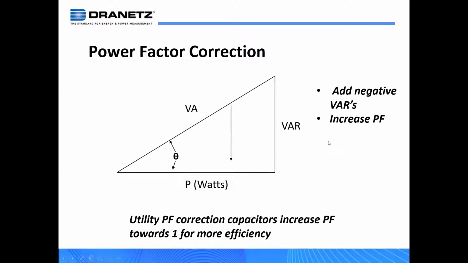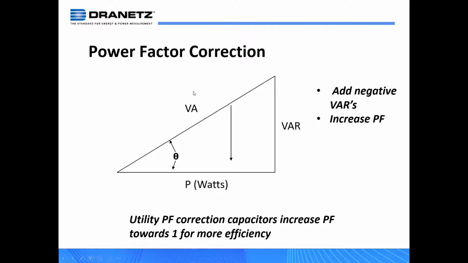Now, when we talk about power factor correction, we have a capacitor down the road here that switches in every morning that we see on our monitoring systems. The whole purpose of power factor correction, again, inductive loads are much more common than capacitive loads. So 99% of our loads out there in our systems are inductive.